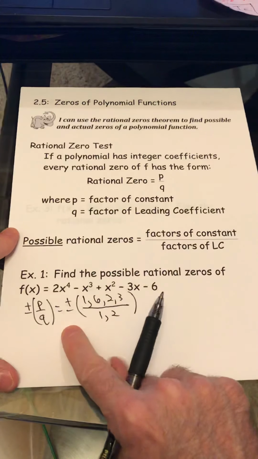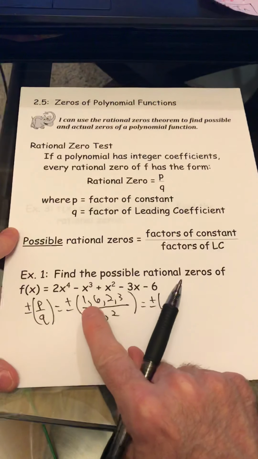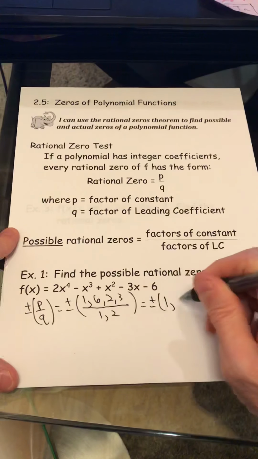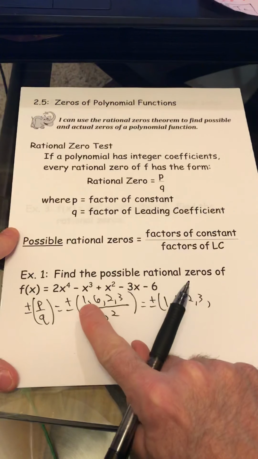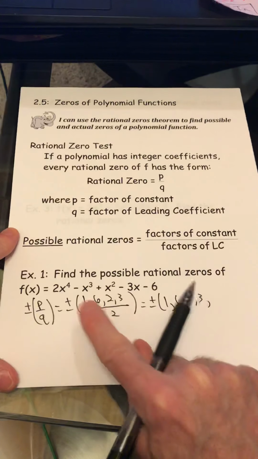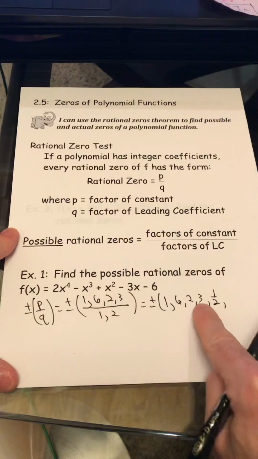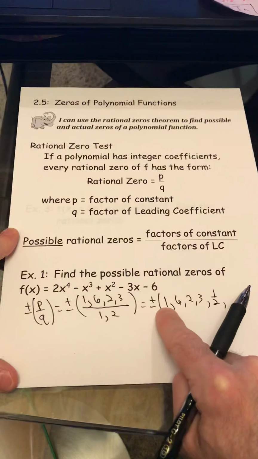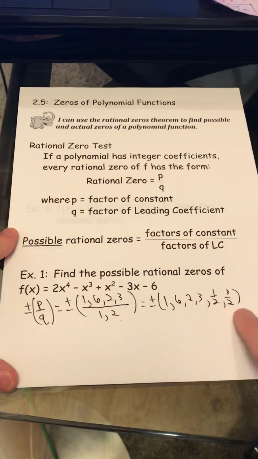Now, one of the things I also like to do is list all of these out. What this means is you're going to take all of these values divided by 1 and all of these values divided by 2. So 1/2. Now, there will often be some repeats. 6 divided by 2 is 3, you don't need to list it. 2 divided by 2 is 1, don't need to relist it. 3 over 2, though, is a new value.